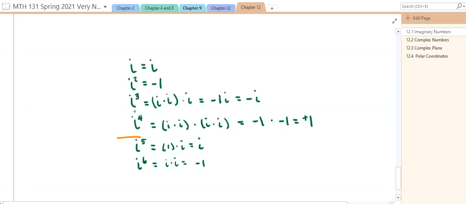That's this next one, and it just keeps cycling like this forever. i to the 7th equals essentially minus 1i, or minus i. And then i to the 8th equals 1. So every 4, it finishes up again, and then it starts repeating. And that's all I have time for right now.